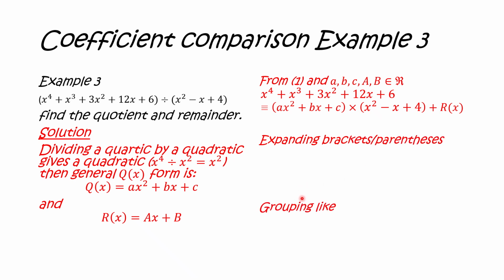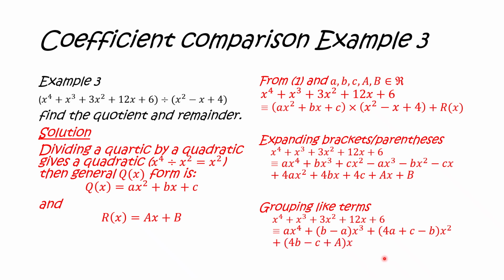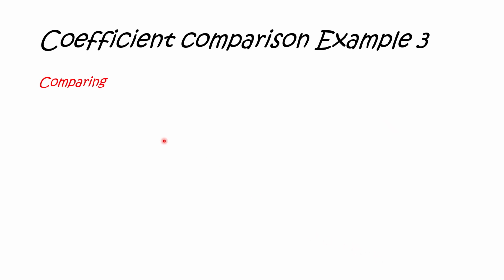So we substitute. After substituting, we expand the brackets. And after expanding the brackets, we move on to grouping the like terms. So as we group the like terms, we would get that is our identity.